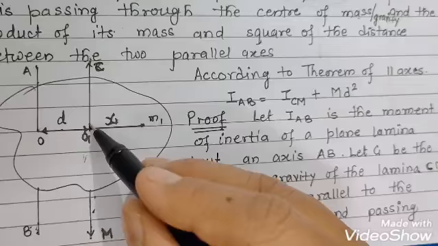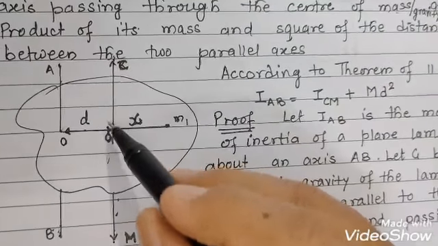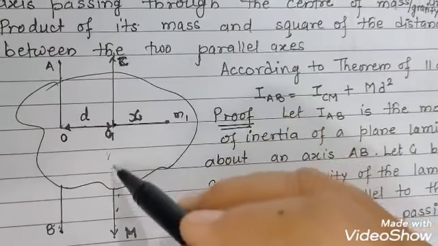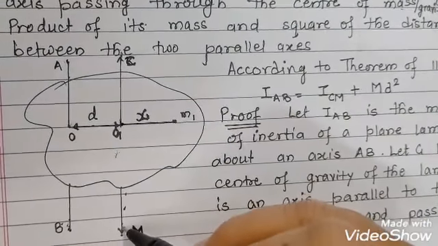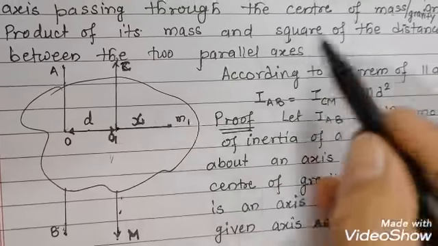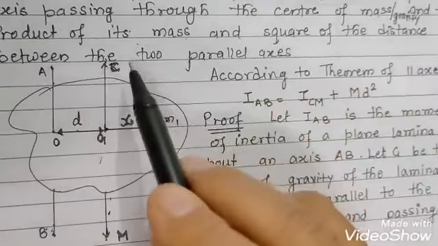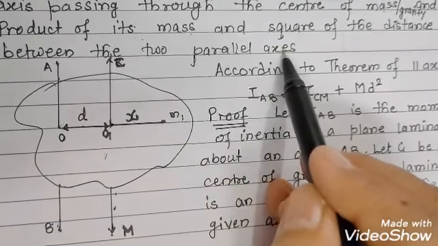So the moment of inertia about AB will be equal to the sum of the moment of inertia about CM and the product of its mass and square of the distance between the two parallel axes.